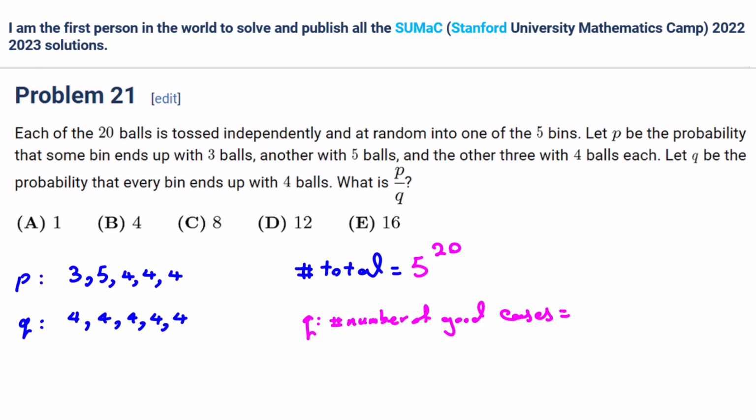So would it be 20 choose 4 times 16 choose 4 times 12 choose 4 times 8 choose 4 times 4 choose 4? When you say 20 choose 4, you say which 4 balls are together, right? But do we determine which bin they go to or not?